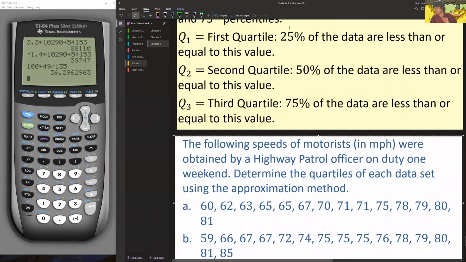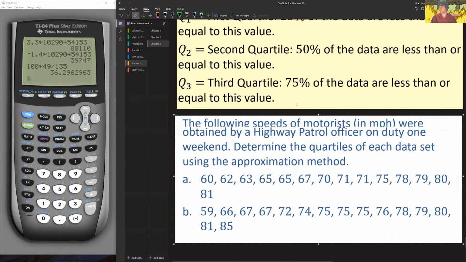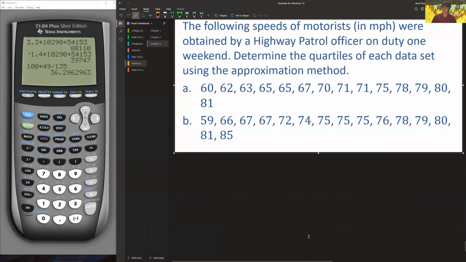Our first way is to calculate the 25th percentile, the 50th percentile, the 75th percentile. But the other way that we can do this is we can note, if I am looking at the 25th, 50th, and 75th percentile.